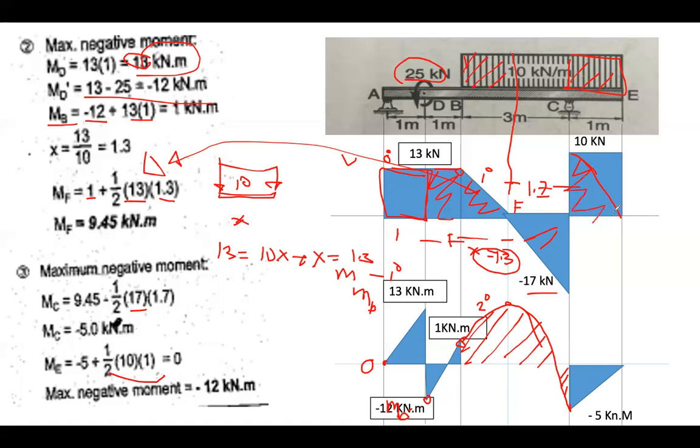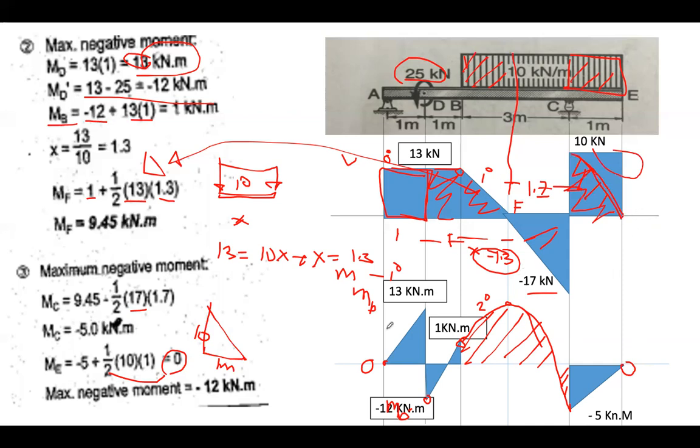Because this one is first degree. Mali ito. Dapat ganun lang. Okay? Sorry. So this is triangle. 1/2 of 10. 10 yung height. And then 1 meter yung base. Okay, so you have 0. Kasi dapat mag-meet talaga siya dito. 0. Okay? Free end. At the end of the beam, the moment is always 0.